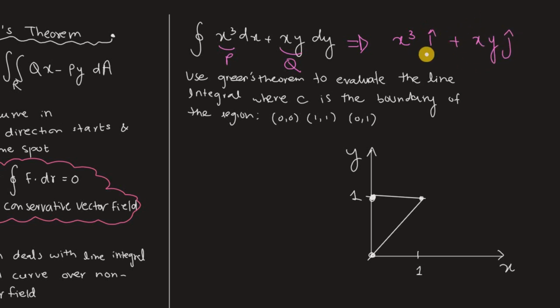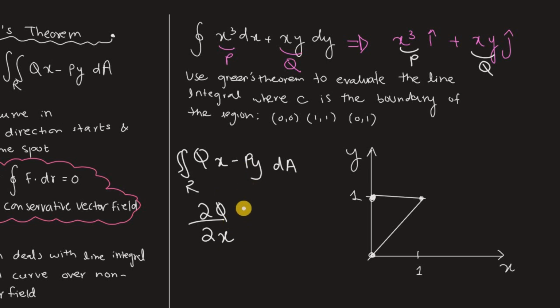Okay, now it's easier for you guys to see that this is P and this is Q, since P is associated with the i component and this is with Q. So you just need to do Qx minus Py dA. Qx means the partial derivative of Q with respect to x, and Py means the partial derivative of P with respect to y. Okay, so this is what these notations mean.